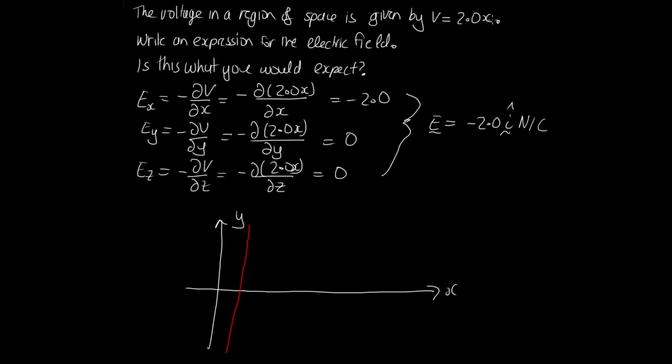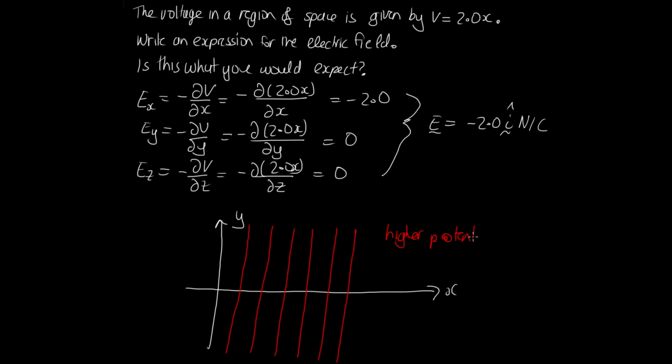Now, this is a linear equation, so that's going to tell us that if we space our lines evenly like this, they're going to have the same voltage difference between them. So our equipotential lines will look something like this, and we know that larger x is at higher potential and smaller x is at lower potential.